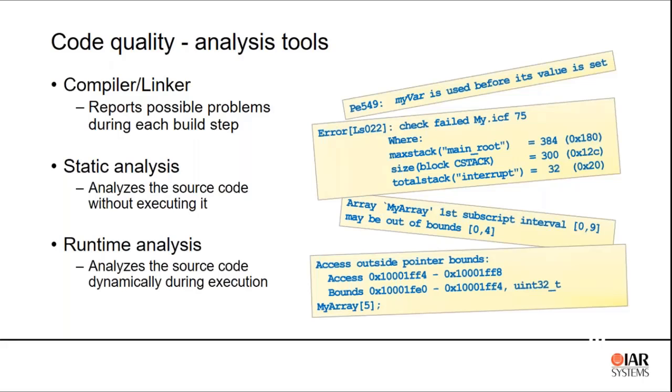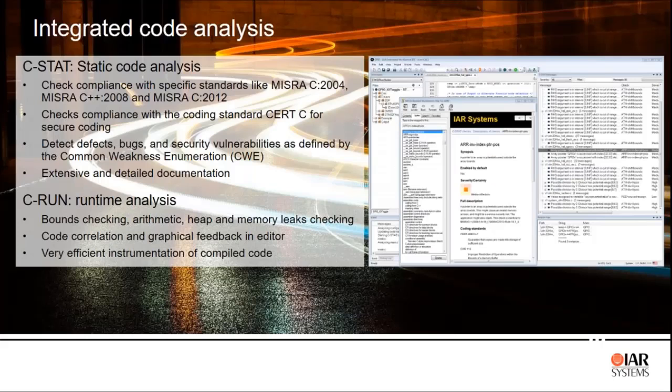And of course, there are also some runtime solutions. Some bugs only pop up during runtime. So with some instrumentation and some checking, things like out of bounds can be detected in most situations.